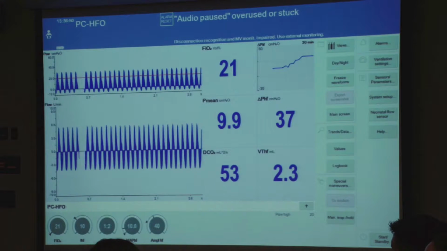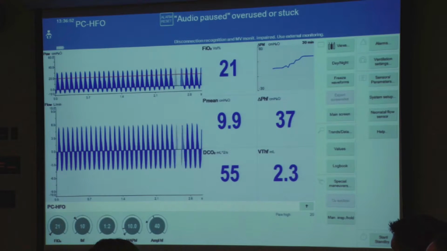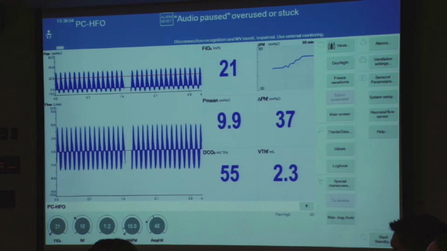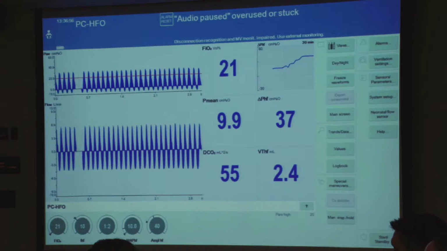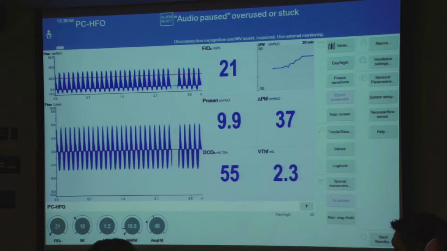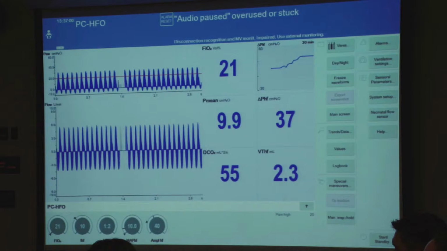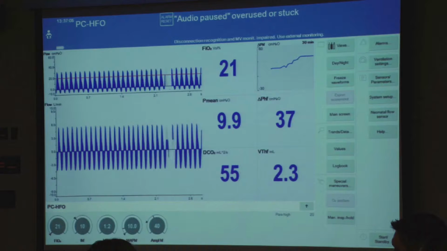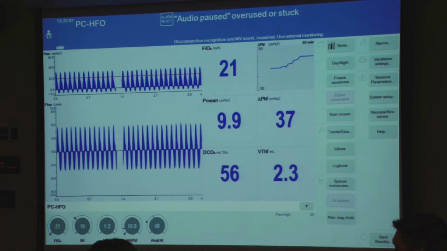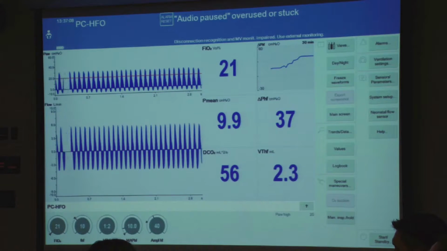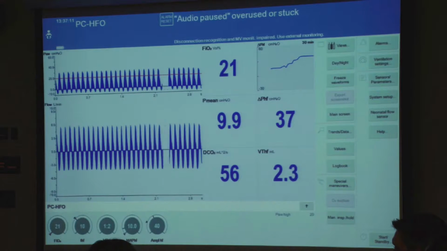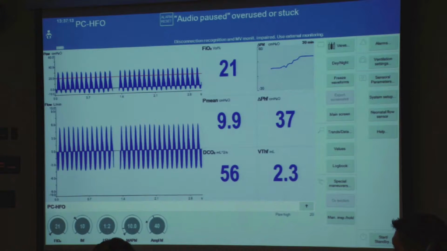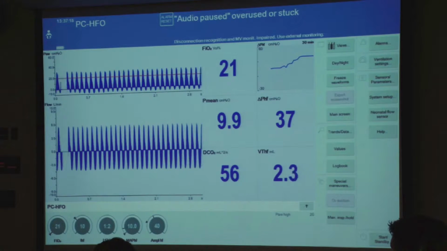So now we can actually see, okay, if we were moving 10 ml and suddenly we start moving 5 ml, something's going wrong, right? Probably the tube has gone too far in and we're only ventilating one lung. So that definitely is a sign and a new parameter, at least if you're coming from the SensorMedics.